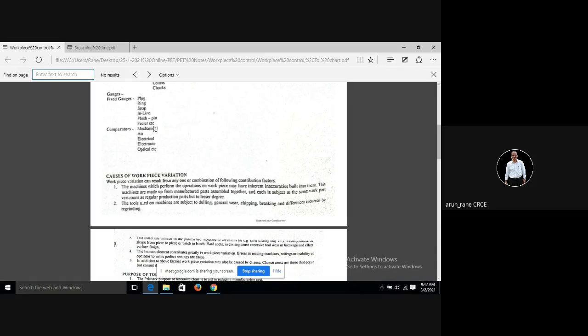So if you want to check the gap between two mating surfaces, you can check it with the help of the feeler gauge.